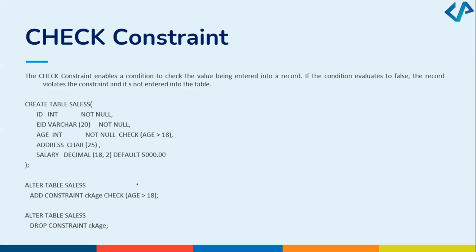And can you tell me which column is having, in this case, a check constraint? Can you all have a look at it? I want all of you to observe. Is that the age? Very good. Age is the constraint.